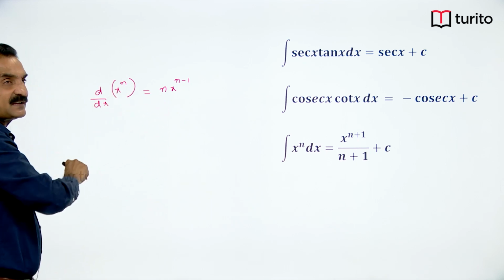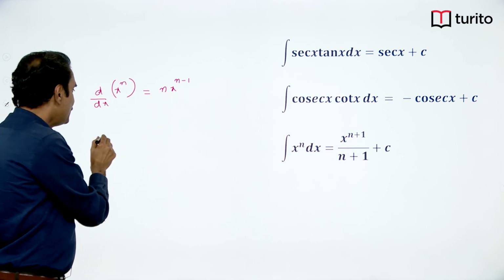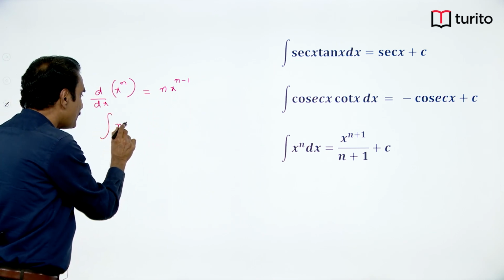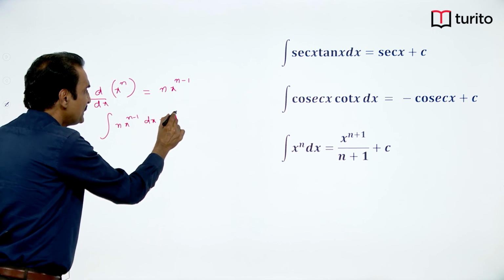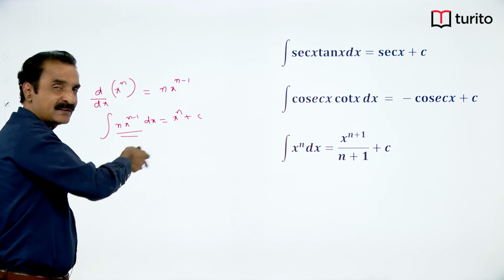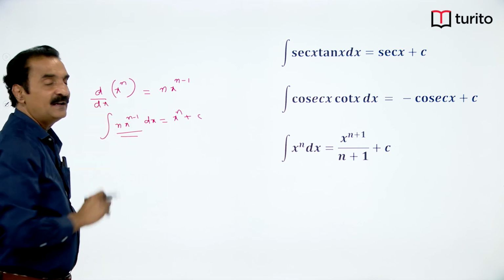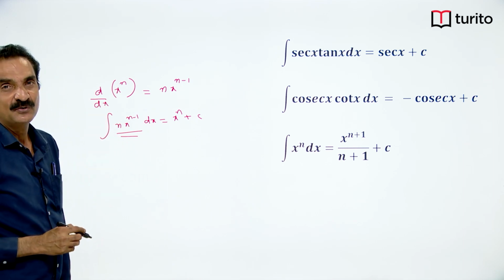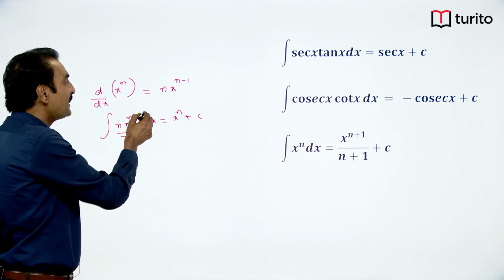If you want to use it as a formula in integration, integral of n x power n minus 1 dx is equal to x power n plus c. It won't be convenient to use this formula, because every time you have to convert the function into the form of n x power n minus 1. So, this is not convenient, so what we do is we modify.